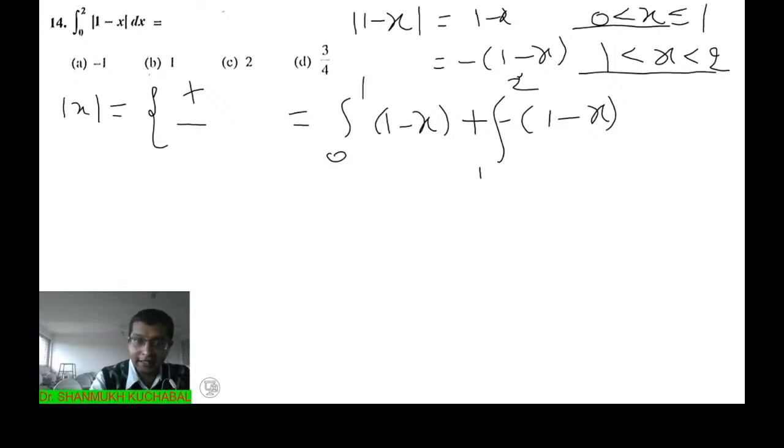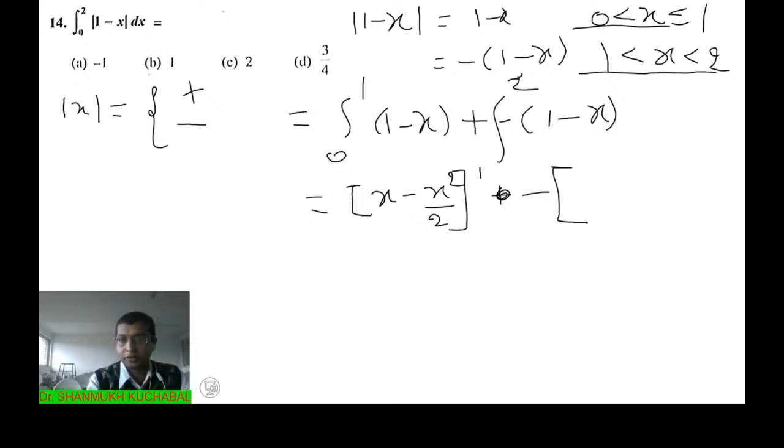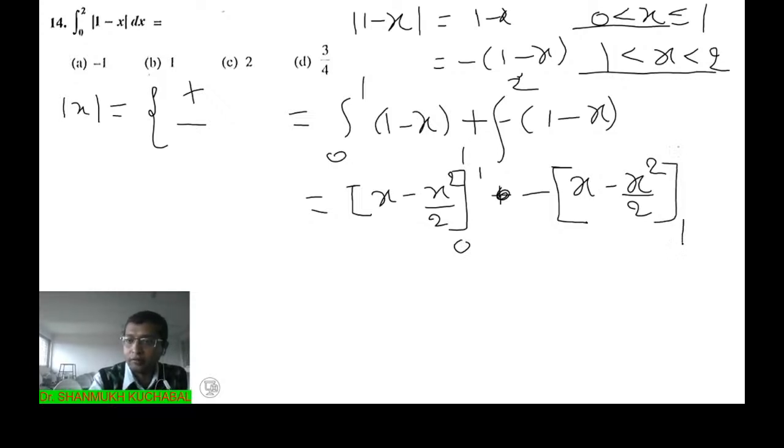So integrating, we get x minus x square by 2, plus the integration of minus into minus, so I write directly one integration as x minus x square by 2. Here the limit is 0 to 1 and here the new limit is 1 to 2.